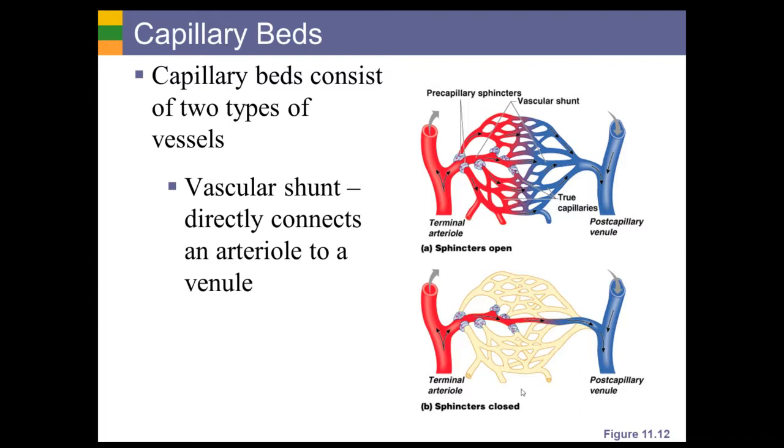There's minimal blood flow there. It's just enough to get the oxygen that they need, keep them alive. But there's more blood flowing to other parts of the body, like your digestive tract, urinary tract, brain, that sort of thing. So this is a mechanism by which your body can direct blood to those tissues that are more metabolically active than others at any given time.